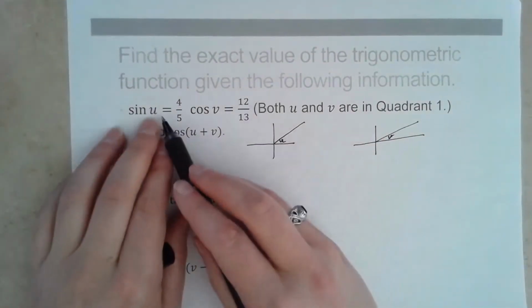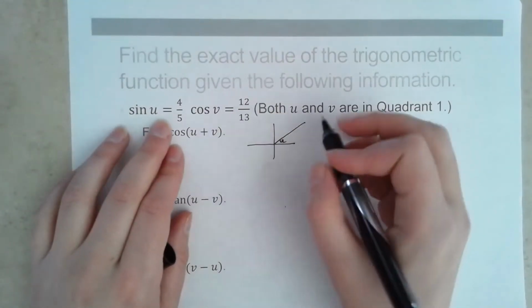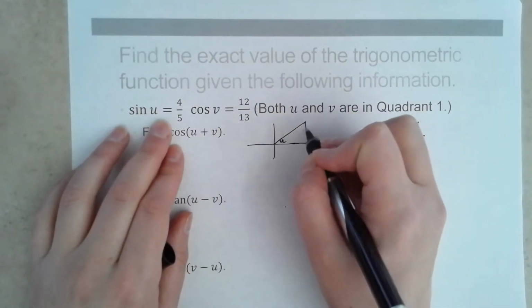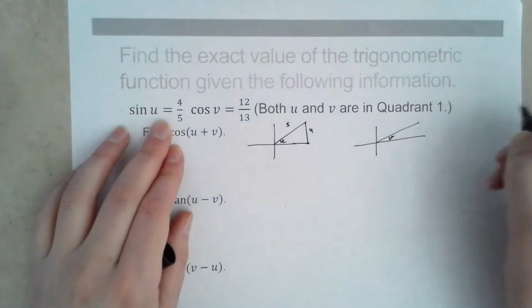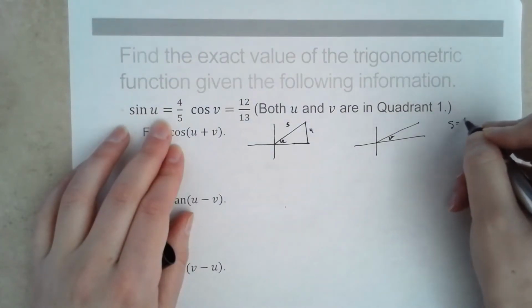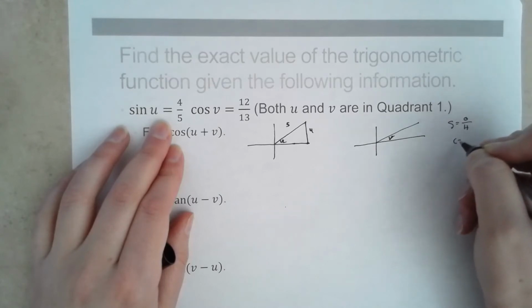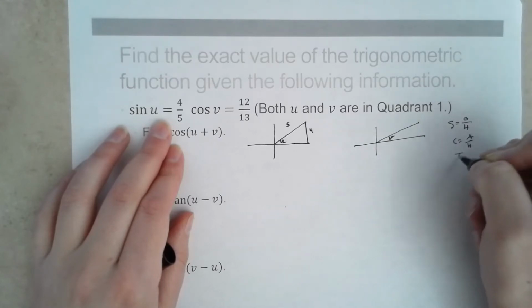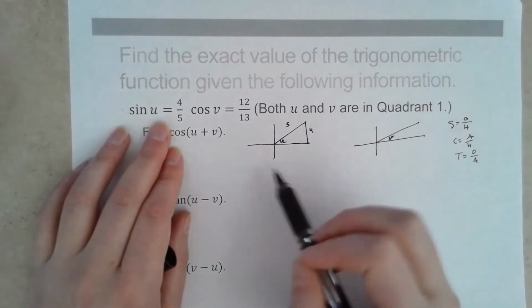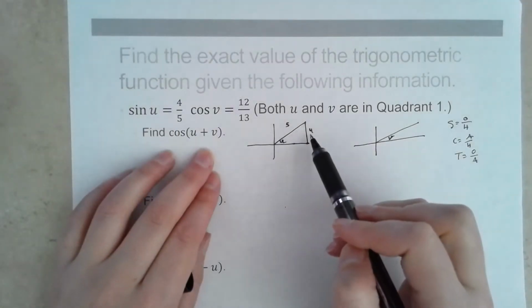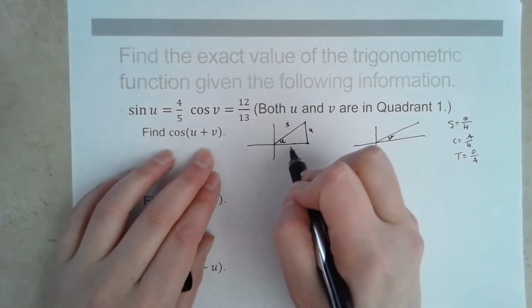And I know angle U in quadrant 1, the sine is 4/5. And we know sine is opposite over hypotenuse, cosine is adjacent over hypotenuse, and tangent is opposite over adjacent. Okay, so 5, 4, we know is a Pythagorean triple.